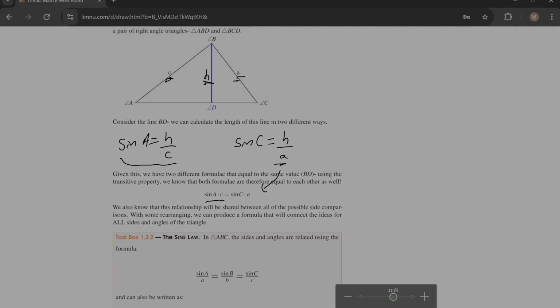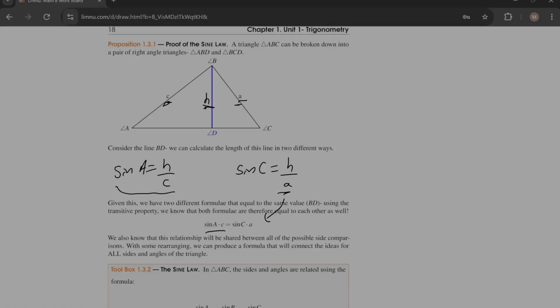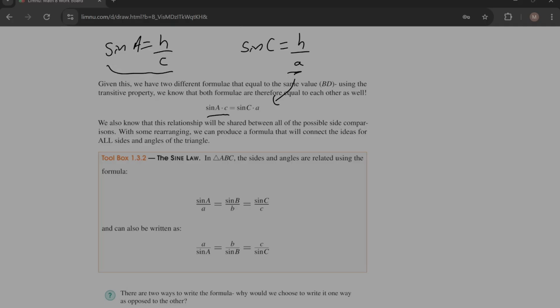One thing to remind yourself is that when we label triangles, angle A is always opposite side A. So our angle-side naming schema is always that the angle, big letter, has a matching side across from it. And so the ratio of sine of an angle and the side across from it is equal in any oblique triangle.